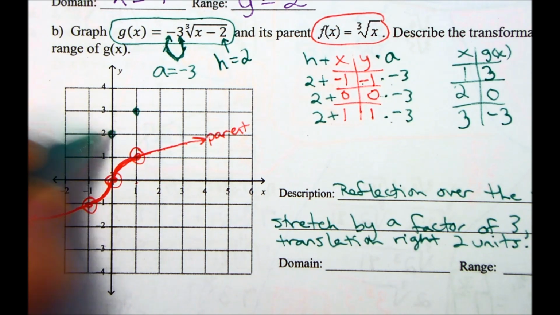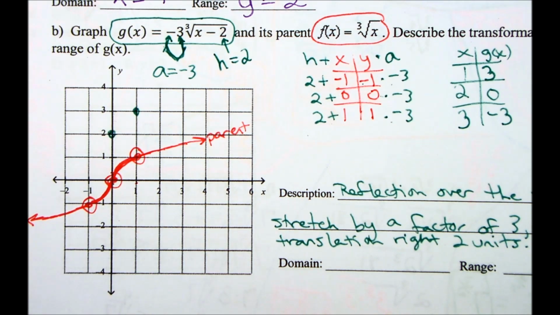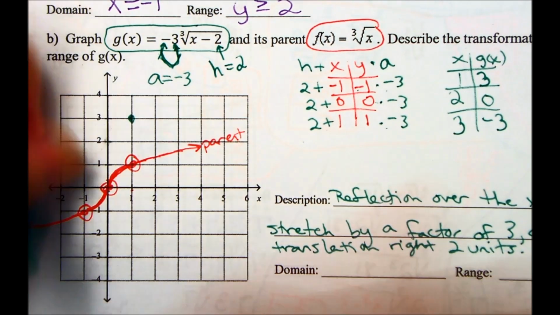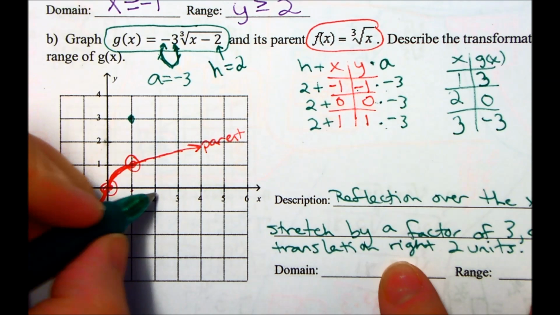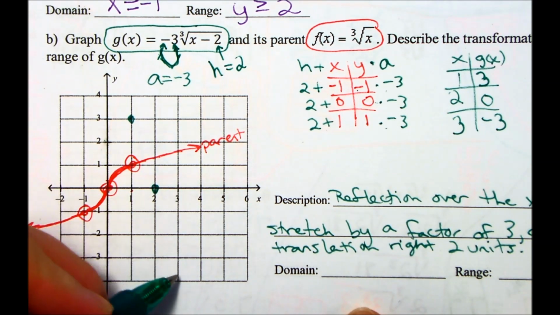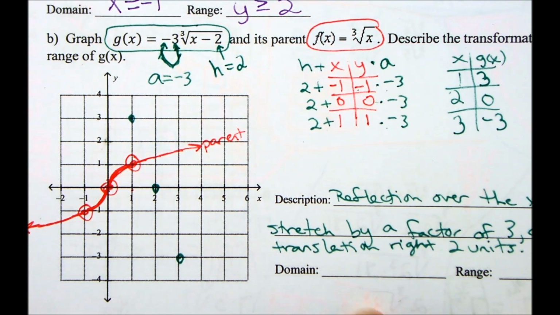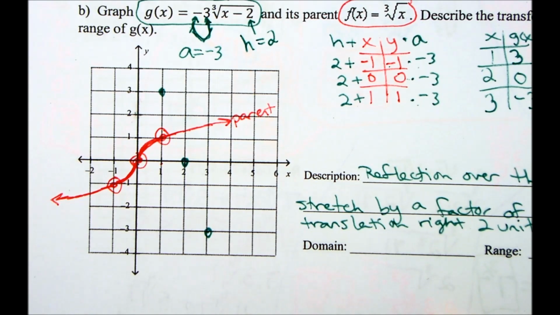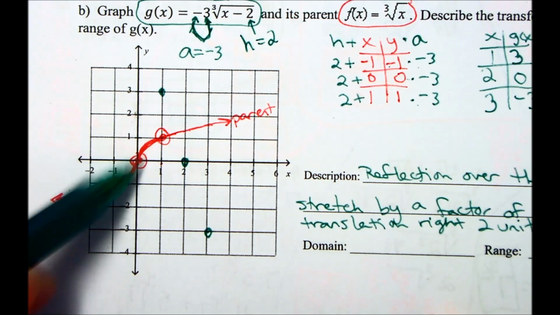0, 2 is right there. No, that's not the right point. That's 0, 2. I'm supposed to graph 2, 0, which is right here. And then 3, -3, which is right here. So again, it looks like the points are in a nice straight line. However, there's going to be an S-curve in here, kind of like this one had an S-curve.